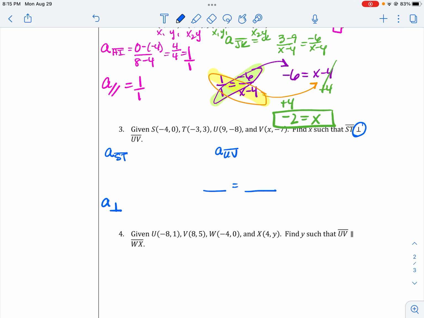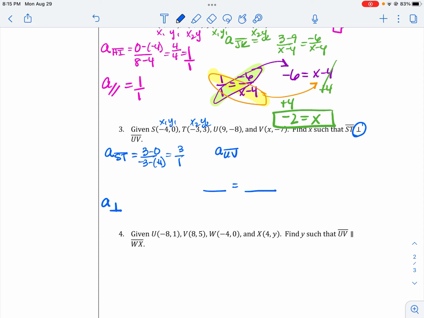So ST, x1, y1, x2, y2, that's 3 minus 0 over negative 3 minus negative 1. That's 3 over 1.